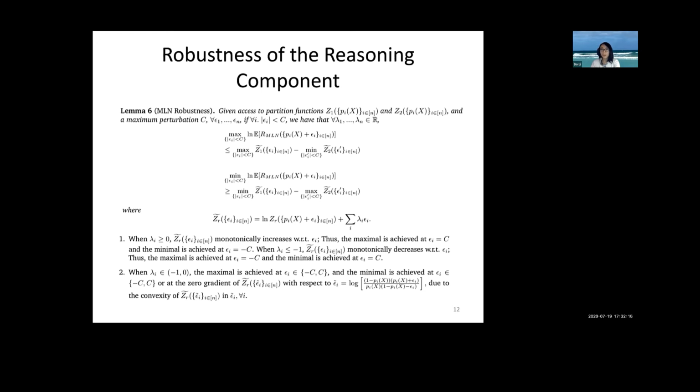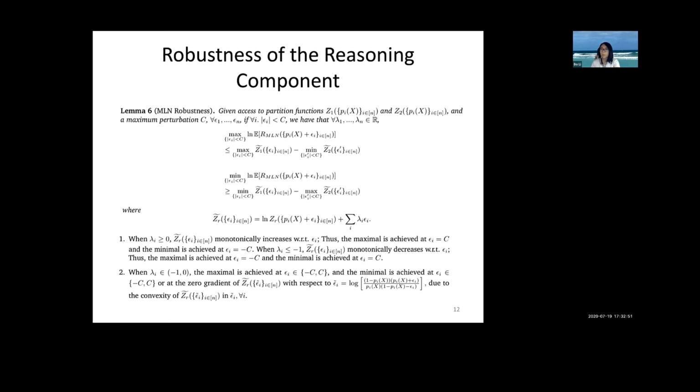On a high level, I want to give some intuition about why this is possible. The fundamental reason lies in the structure of the reasoning component, which has a range of properties. For example, all variables and factors only output non-negative values, unlike in neural networks, where outputs could range from negative to positive. The distribution is also in the exponential family with limited weight sharing, and the reasoning component enjoys some monotonicity properties.